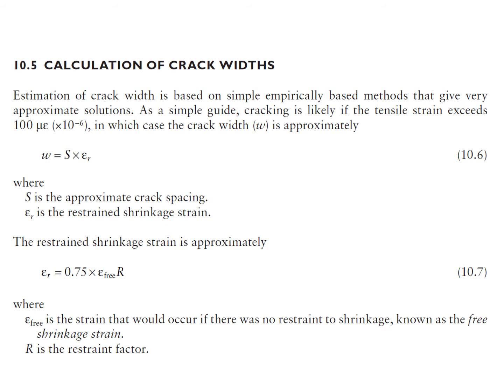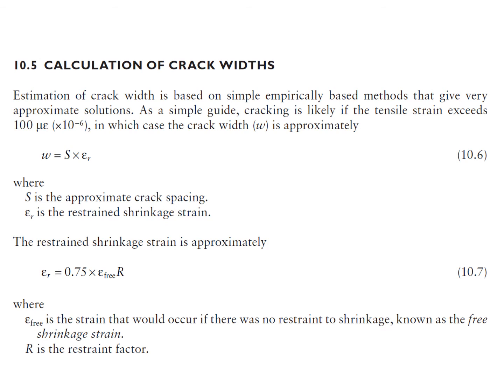The estimation of crack width is based on a very simple and empirical method, where the crack width w is equal to the crack spacing multiplied by the restrained shrinkage strain. The restrained shrinkage strain is approximately equal to 0.75 times the free shrinkage strain multiplied by the restraint factor.